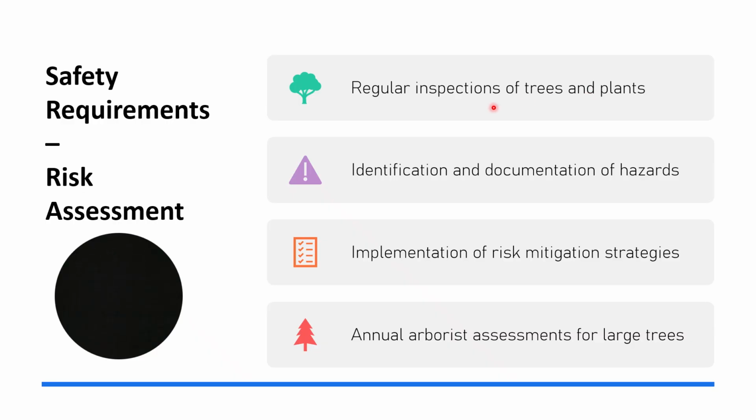We have got to check whether they are dangerous ones for the other infrastructure of the school, or it's a problem for the tree itself or the neighbor trees. So we have got to inspect the trees and plants, identification and documentation of assets, implementation of risk mitigation strategies, annual arborist assessment of larger trees.